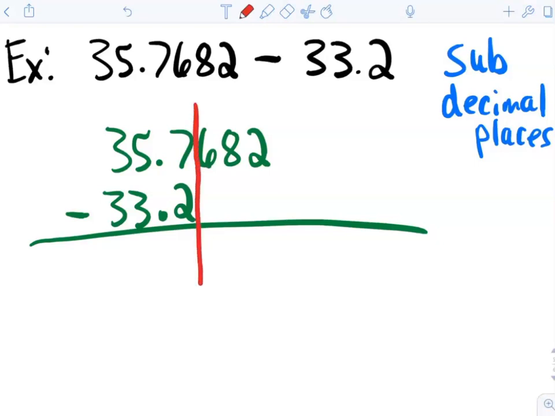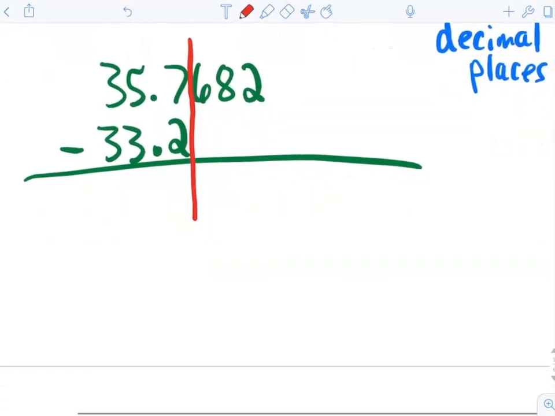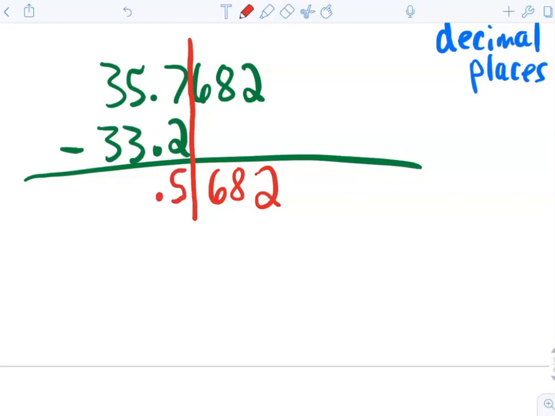So here I can see that the 7 and 2 are on top of each other, but then with the 6, there's no digits underneath it. That's going to be my dividing line of how many decimal places do I need. So here, 2, 8, 6, 7 minus 2 is 5, and then 5 minus 3 is going to be 2.